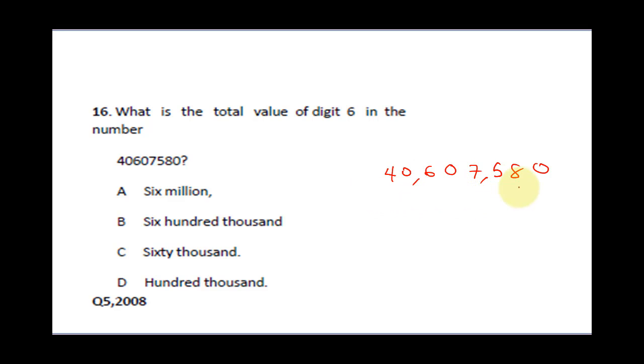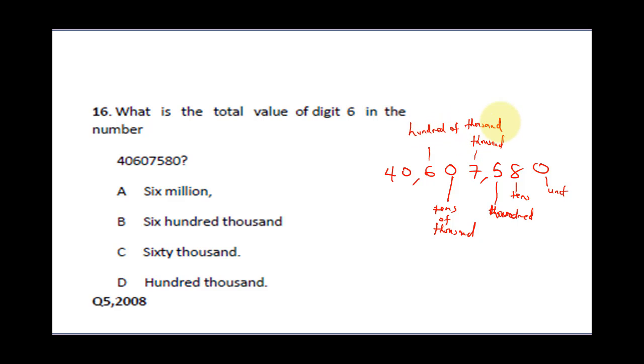So you know that here it's our units, here's our tens, here's our hundreds, here's our thousand. Now here it's our thousand. Now this is what? Tens of thousand. So now this 6 will be hundreds of thousand.